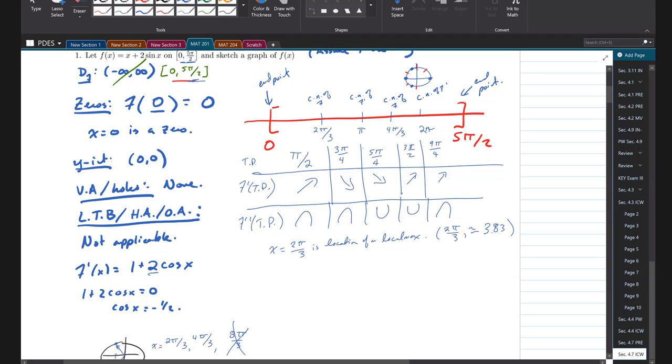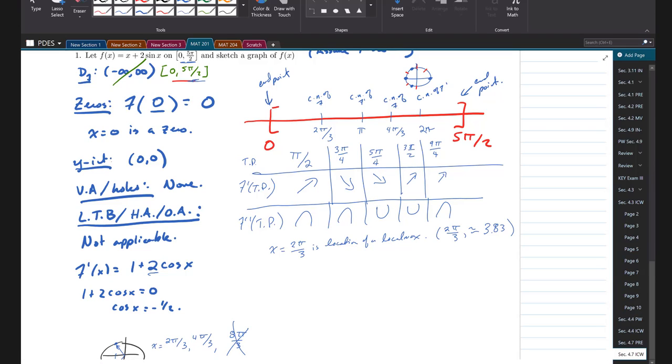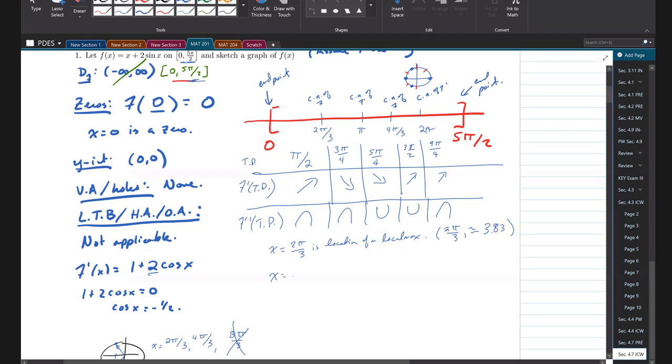We can also conclude, because of this information right here, that x equals 4 pi over 3 is the location of a what, folks? Local min. A local min. Great.